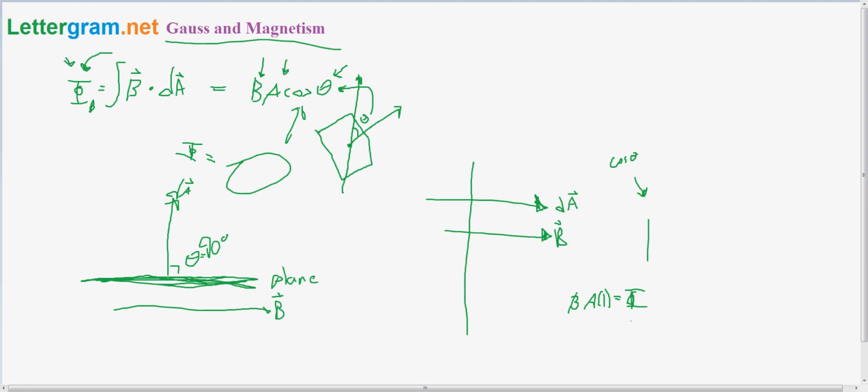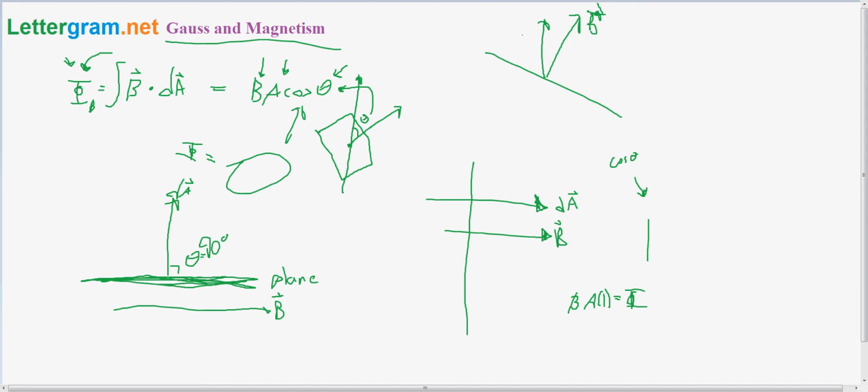Essentially what this means is that if we have a loop or some arbitrary area, some arbitrary plane like this, if there's something in this plane, you're only going to get part of the magnetic field.